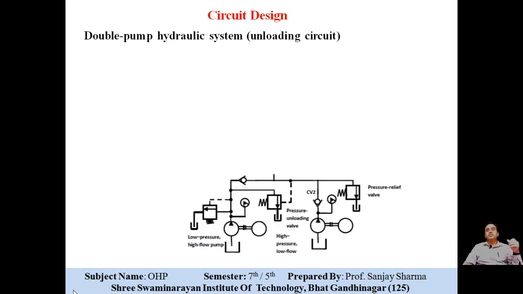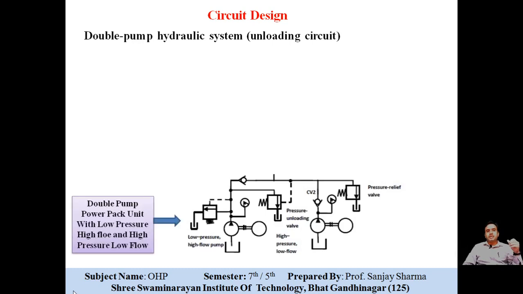Now first of all, let us see the double pump hydraulic system, that is unloading circuit. Now normally this type of circuit is used in, you can say, press, cutting press. So this type of circuit contains double pump power pack unit with low pressure high flow and high pressure low flow.